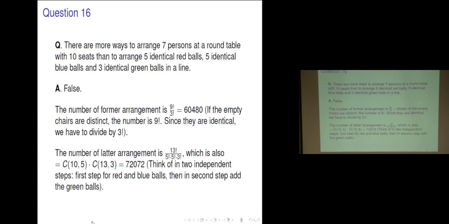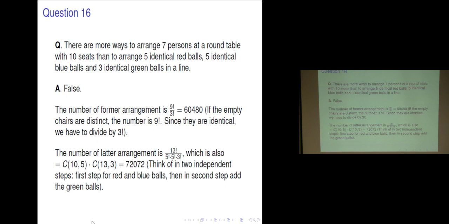Altogether we have 5 identical red balls, 5 blue balls, and 3 green balls. So we have 13 balls. Suppose they are all different, then the number of ways to arrange them is 13 factorial.